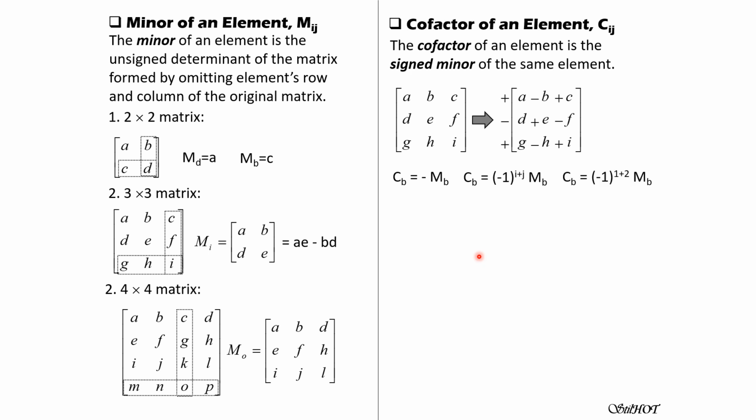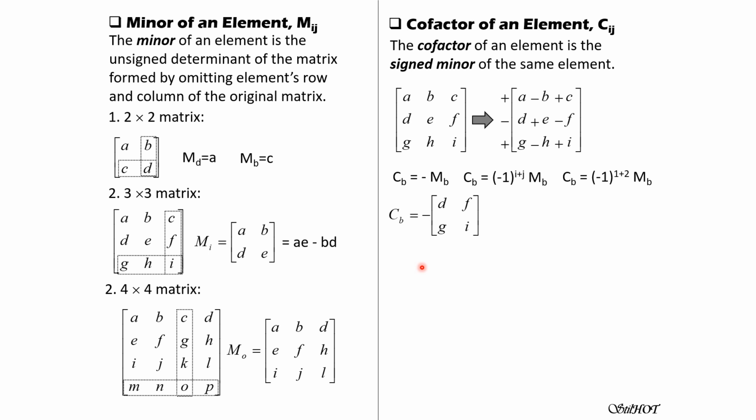Then to be specific, we have the negative of the minor when we omit the row and column position of B. So we have D, F, G, I. So it's the negative of the quantity DI minus GF.